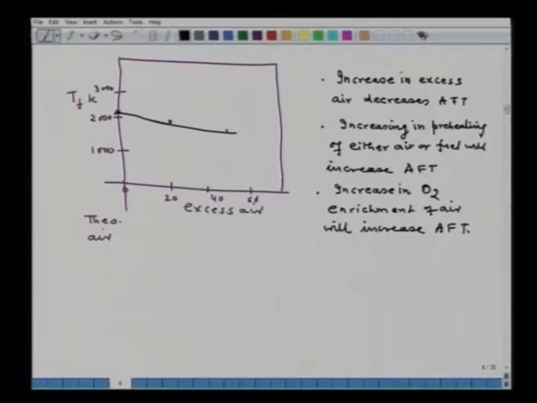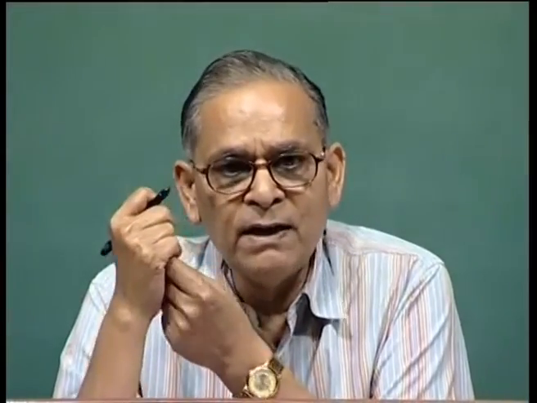This is the observation that we can make from these calculations. About the preheating, you can just state some 10,000 calorie or 20,000 calorie for the heat of combustion, and then calculate the effect of preheating of air, and you can arrive at this conclusion.